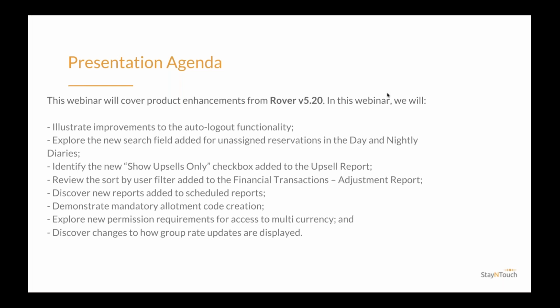In this webinar, we will illustrate improvements to the Auto-Logout functionality, explore the new search field added for unassigned reservations in the Day and Nightly Diaries, identify the new Show Upsells Only checkbox added to the Upsell Report, review the Sort by User filter added to the Financial Transactions Adjustment Report, discover new reports added to scheduled reports, demonstrate mandatory allotment code creation, explore new permission requirements for access to multi-currency, and discover changes to how group rate updates are displayed.